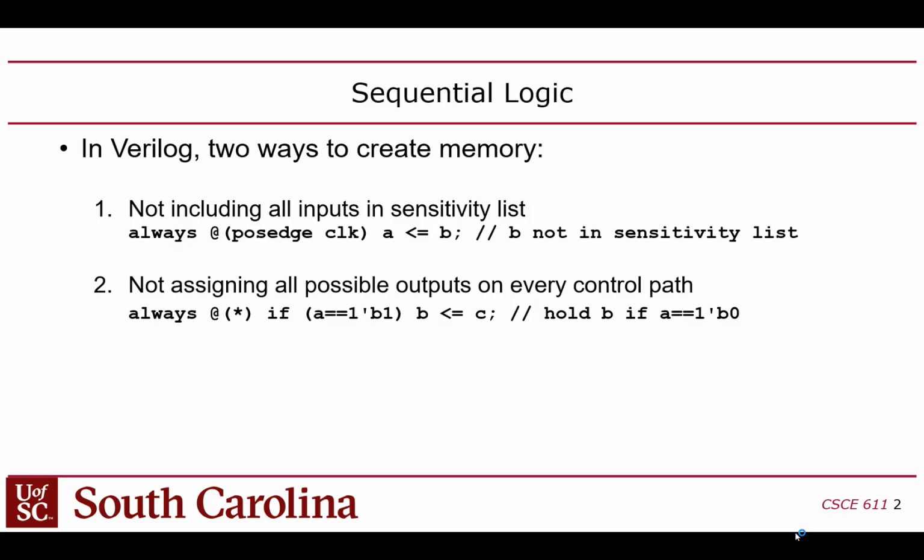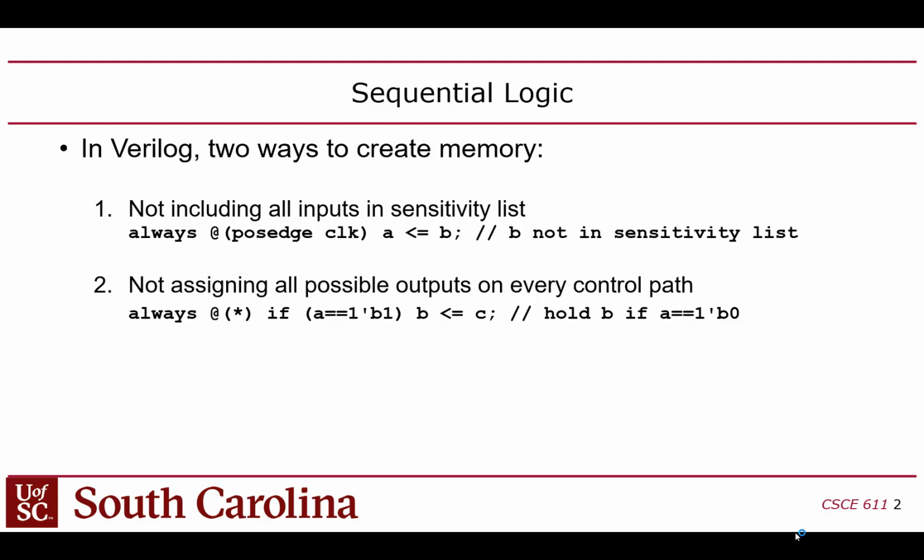The thing about the always statement is, when you compile it, if it has memory or sequential logic, that is implied through the way that you write it. At least when you use the plain old always statement.